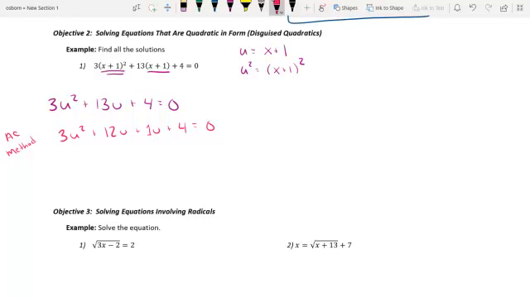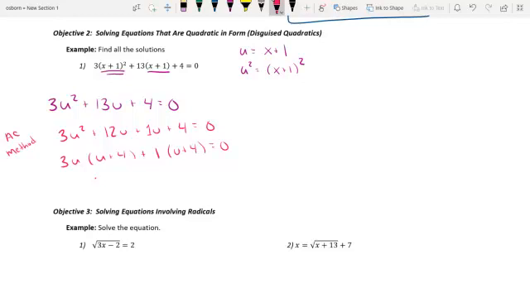Now we're just simply factoring by grouping, so I can factor out 3u from the first two terms. So 3u gives me parentheses u plus 4, and then I can just factor out a 1, and that gives me the u plus 4 that I already have.